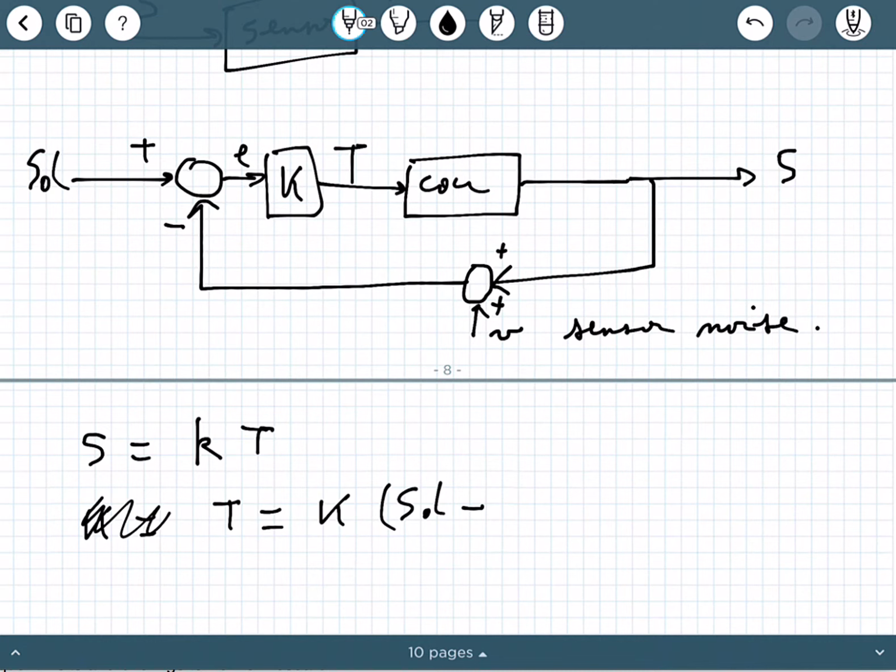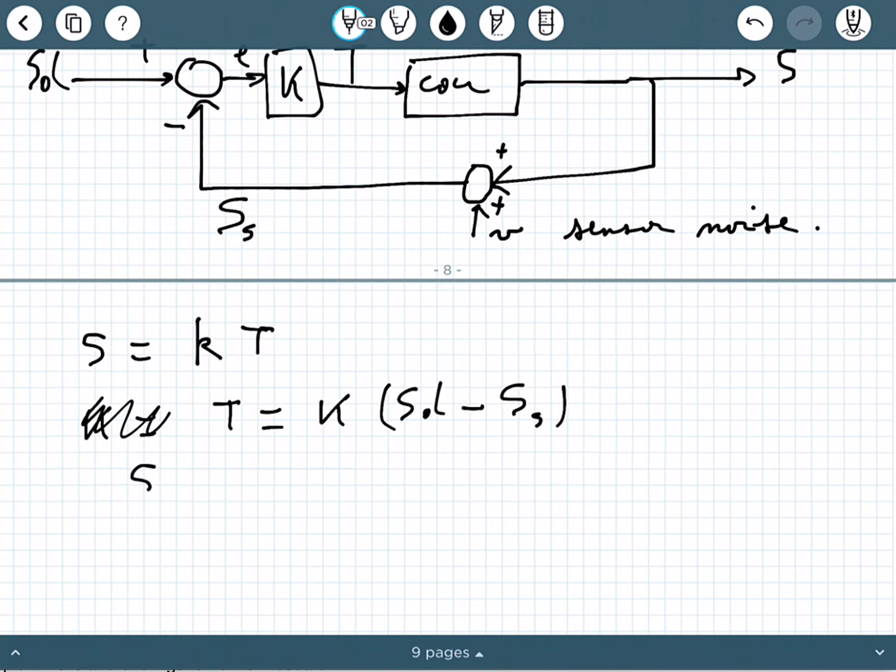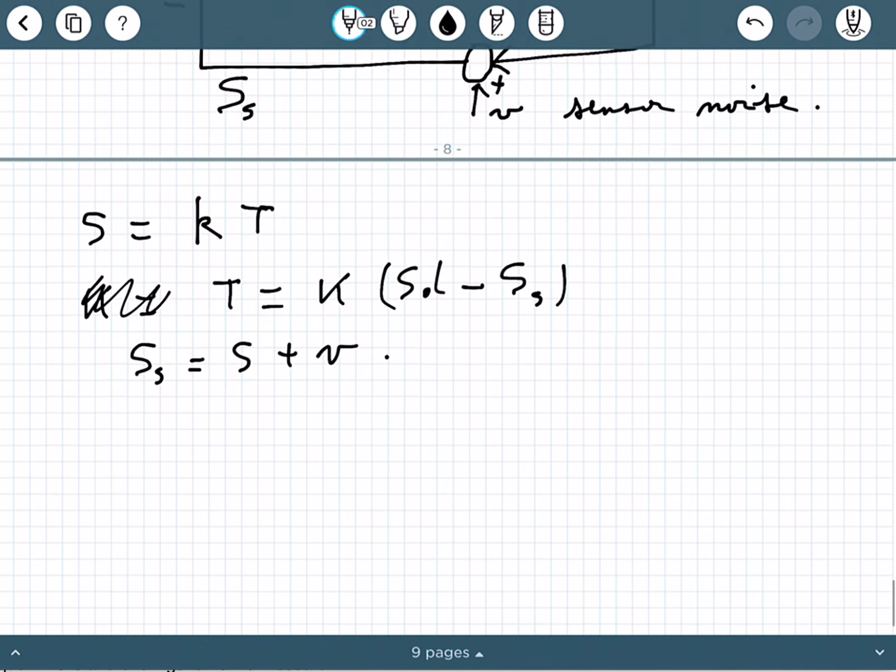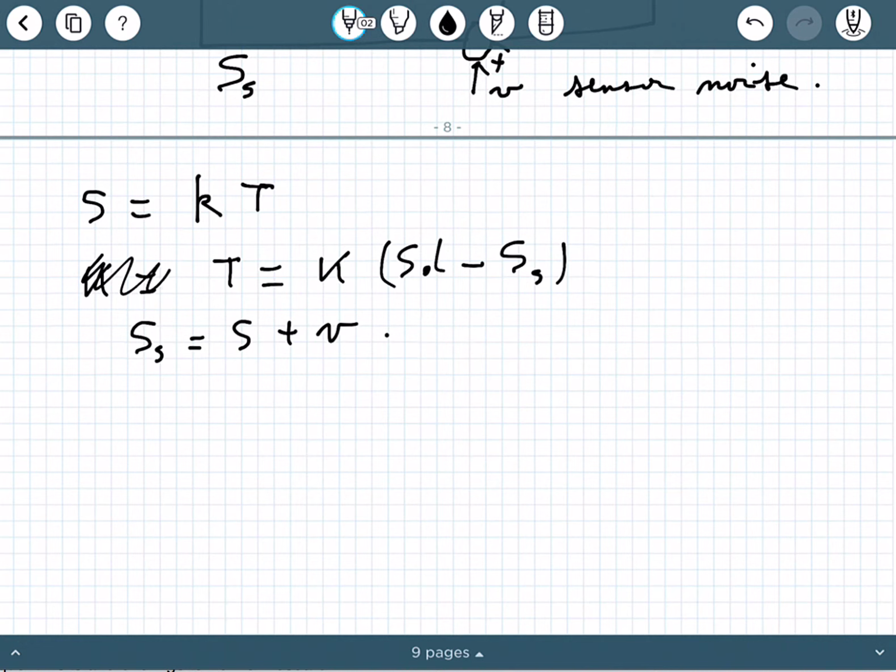Well, minus this quantity here, which we're going to call S sensor, like this. Then S sensor is equal to S plus V, the small sensor noise. Once we put everything together, we obtain that S is equal to kT and T is equal to K times SD minus S minus V.